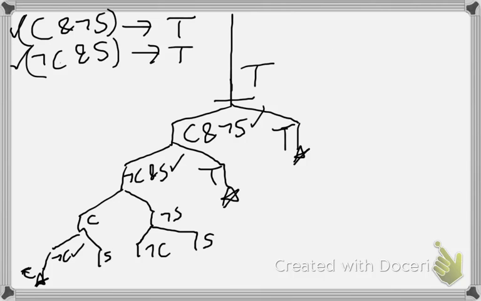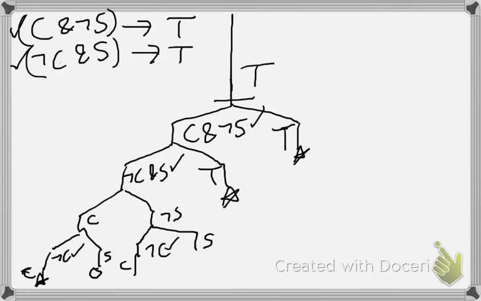This S here, however, if we follow the branch up, everything is decomposed, and there's no S on the other side of the tree. So this branch here will remain open. And then we do the C here.